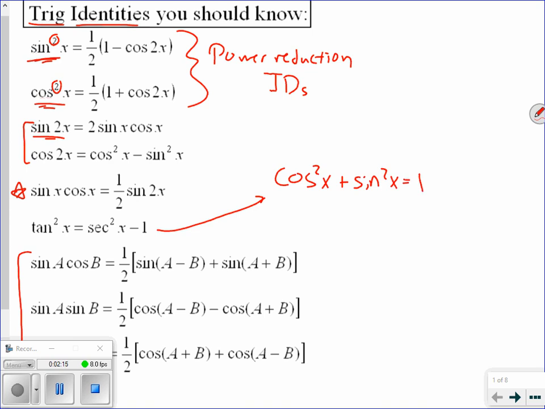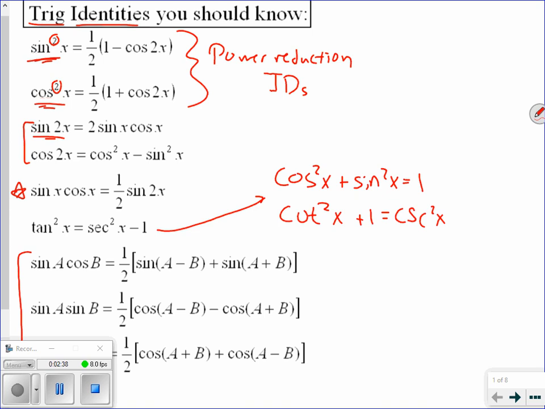And another one that we could possibly use is cotangent squared x plus 1 equals cosecant squared x. All 3 of those are from the Pythagorean identity. So yeah, I'd probably know those 3 and know the 2 at the top. And I think that'll be good enough for all the trig type problems that you'll see.